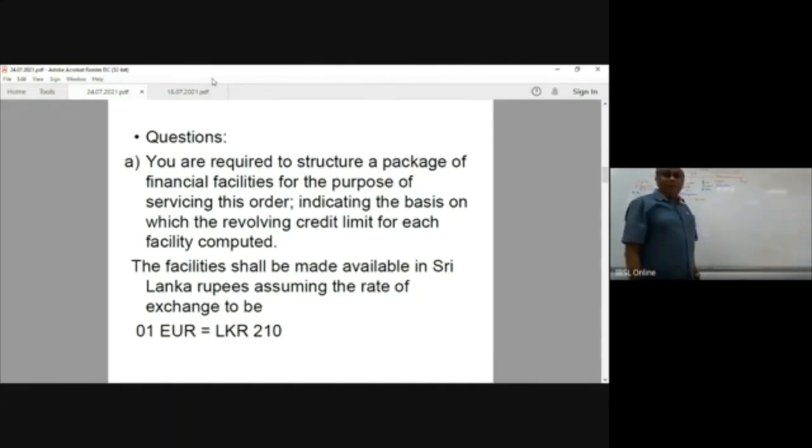The facility shall be made available in Sri Lankan rupees, assuming the rate of exchange to be €1 equals 210. Can you start? Read the question. I'll give you 10 minutes. Quickly.